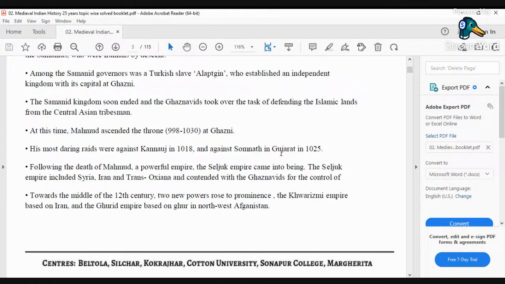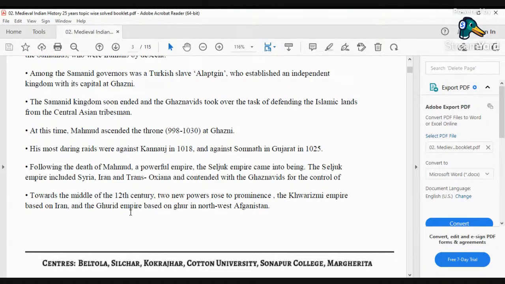His raids and incursions came to a permanent halt in 1025.